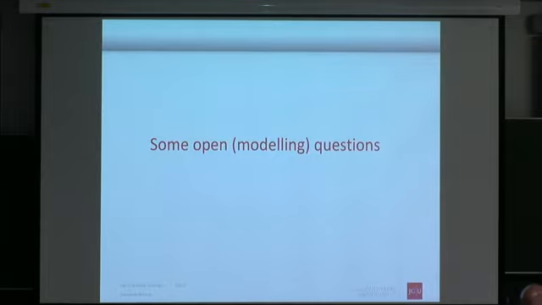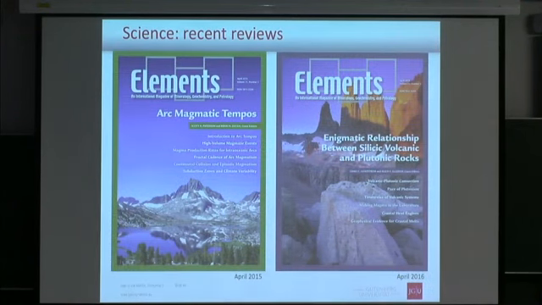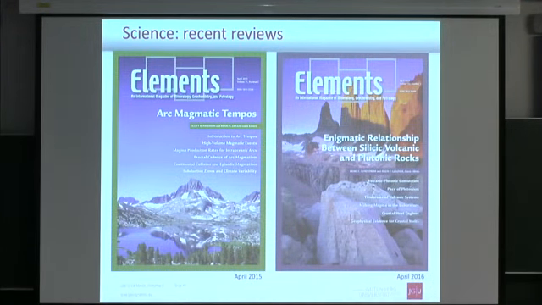So the last few slides I want to spend discussing a few open questions in this respect, and I hope to convince some of you that maybe this is really an interesting topic to start working on. Now, if you're interested in the science related to magmatic systems, there were two issues of Elements which you can find online, one in April 2015, the other one in April 2016, and maybe next April we will have another one.